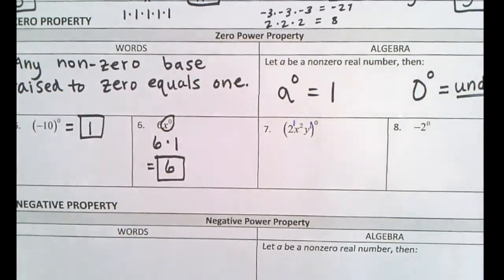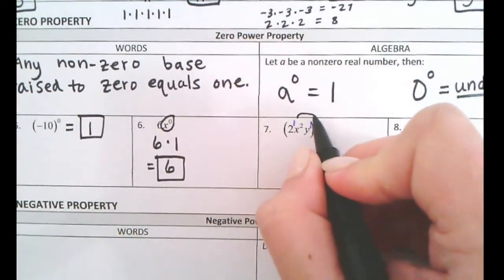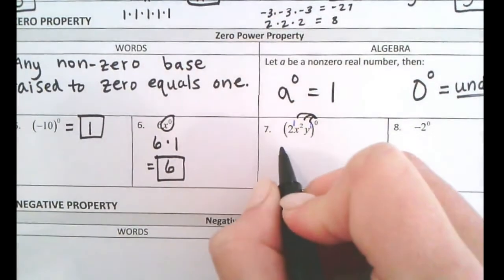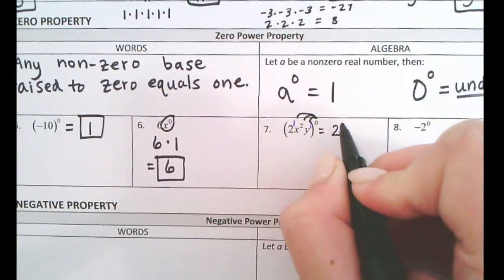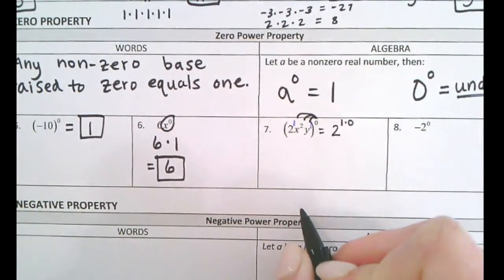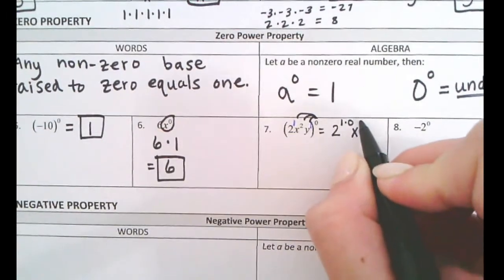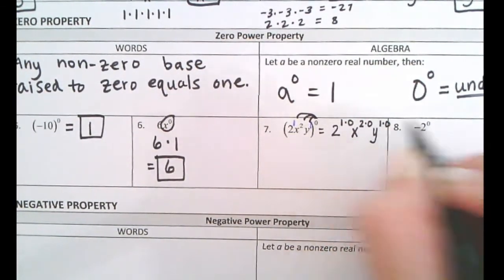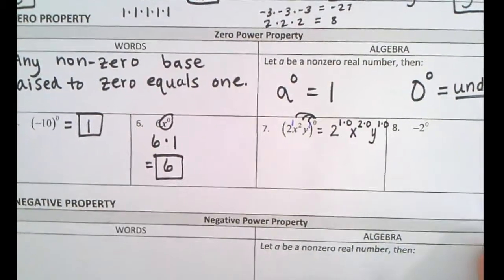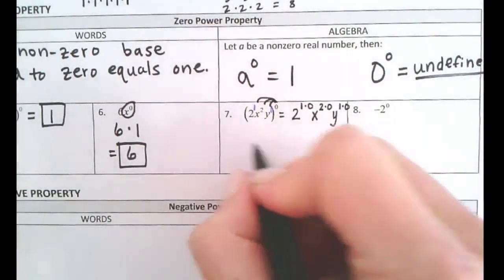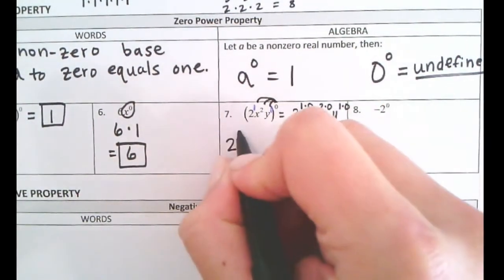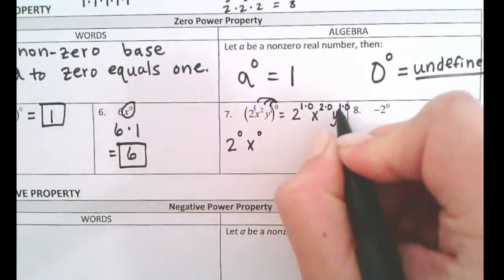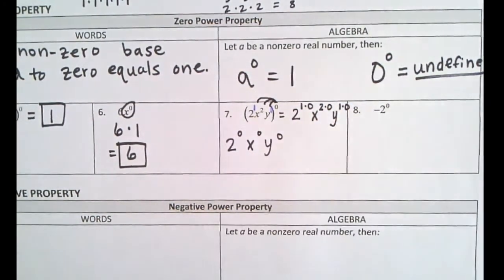Just like we did before, I'm going to distribute my power to all 3 terms, which gives me 2 raised to the 1 times 0, x to the 2 times 0, and y to the 1 times 0, which simplifies to 2 to the 0, x to the 0, y to the 0, since 1 times 0 is 0, 2 times 0 is 0, and 1 times 0 is 0.